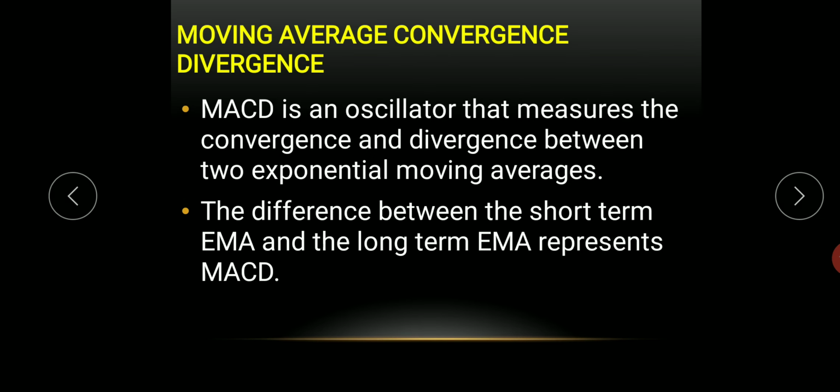Moving average convergence divergence is called MACD. It is an oscillator that measures the convergence and divergence between two exponential moving averages. Convergence means coming to it, and divergence means coming out of it. In the first mathematical measure, we calculated how to measure exponential moving averages.